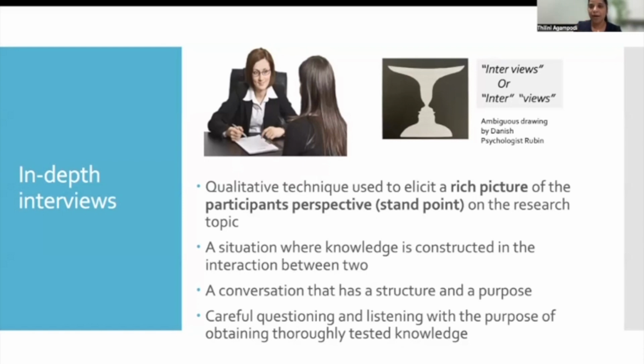So while the knowledge keeps generating, you can use that to go more in depth into the topic that is investigated. So that is in-depth interviews. In any type of qualitative study, you have to take permission.